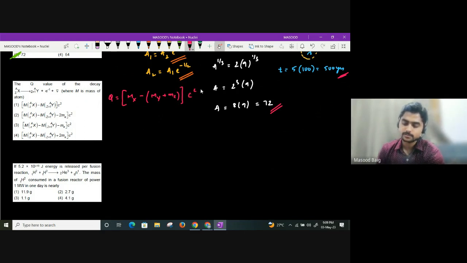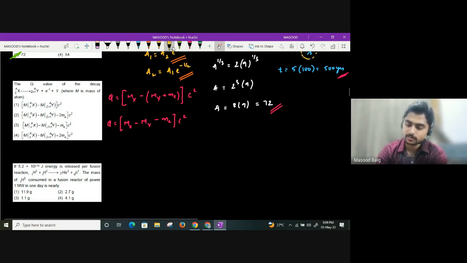C square. So what are we going to get Q value as? You will get mass of the nucleus X minus mass of the nucleus Y minus mass of electron into c square. So if I'm writing reactants minus products, it means energy released. This would be the answer for it.